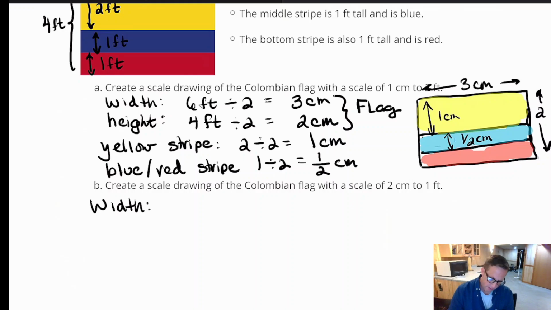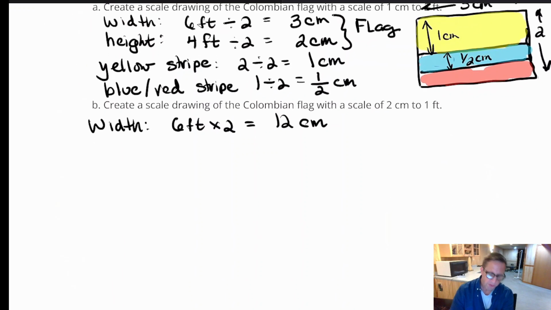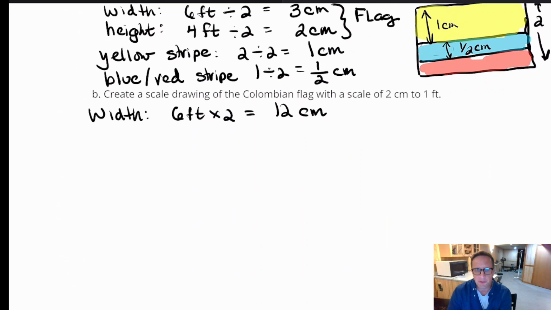We've got 6 feet, and I'm going to multiply that by 2. So that's going to be 12 centimeters. This is just a different scale drawing, not the same one we just did.